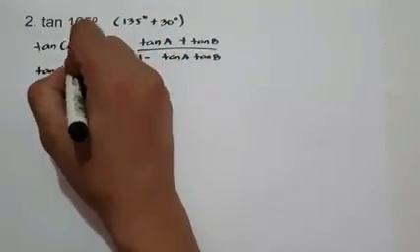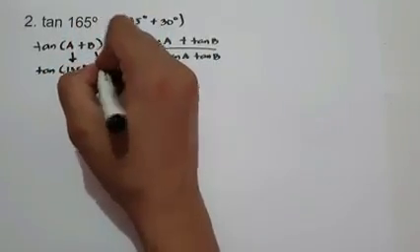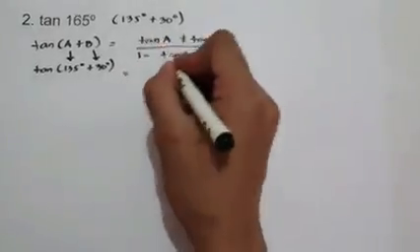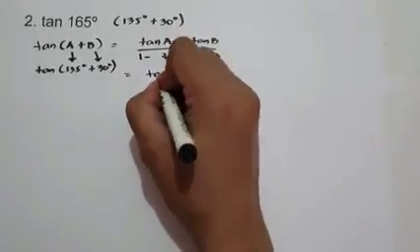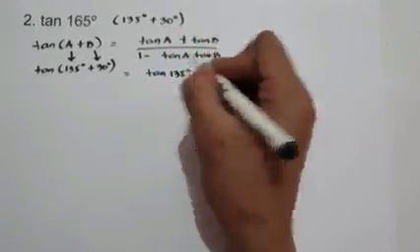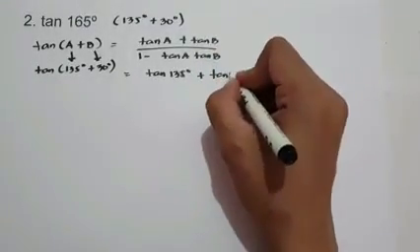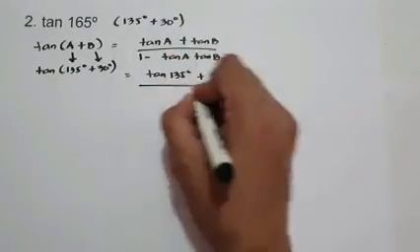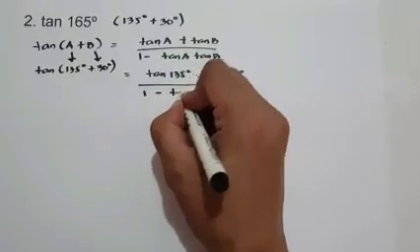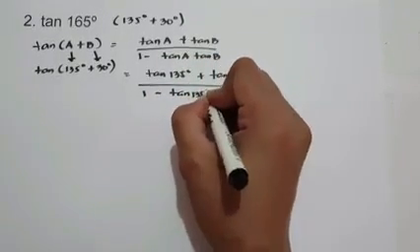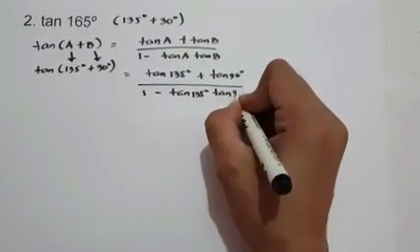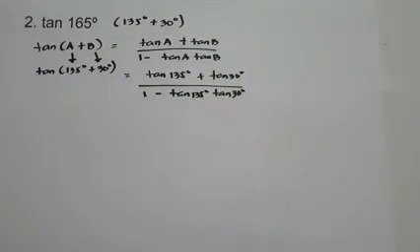So this will be the value of A and this will be the value of B. Tangent A, that is tangent 135 degrees, plus tangent B, that is tangent 30, all over 1 minus tangent 135 degrees times tangent 30 degrees.